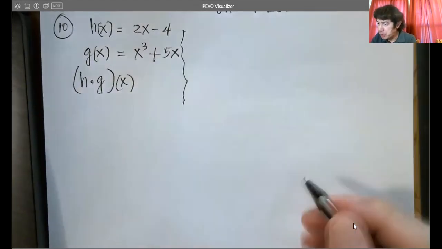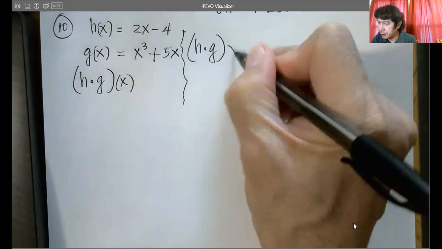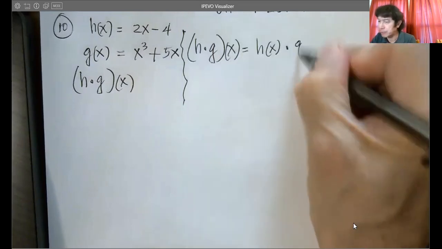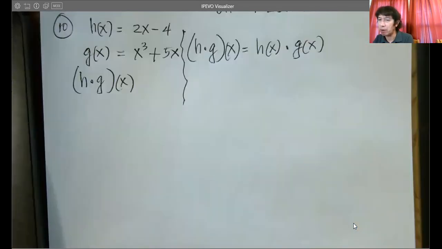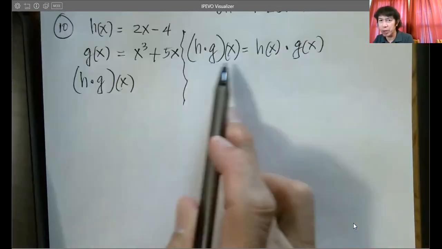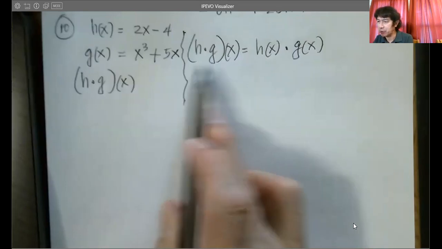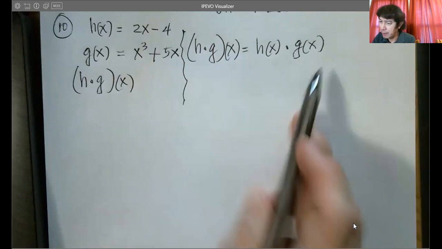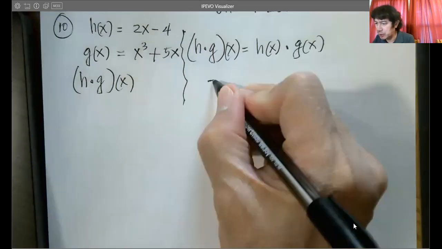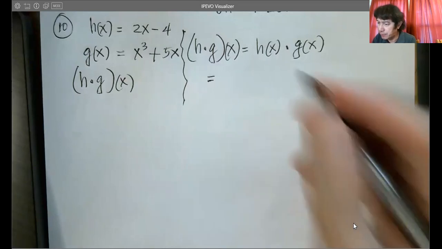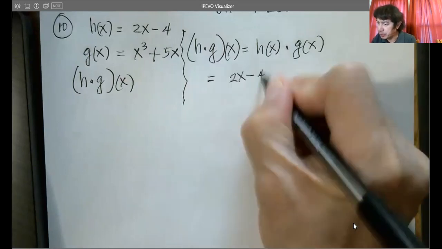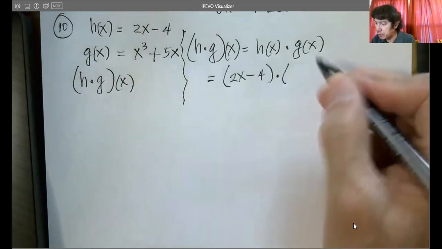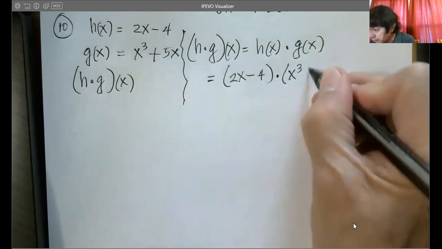H times g of x. That means h of x times g of x. So remember the meaning of the expression, okay? That's supposed to be like this, h times g. All right, so this is equal to, let's get the equivalent of h, 2x minus 4. Multiply this by the other one, the g, that's x cubed plus 5x.